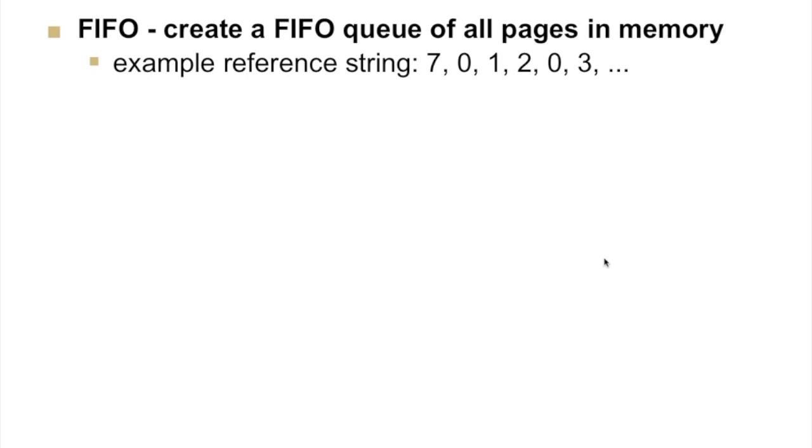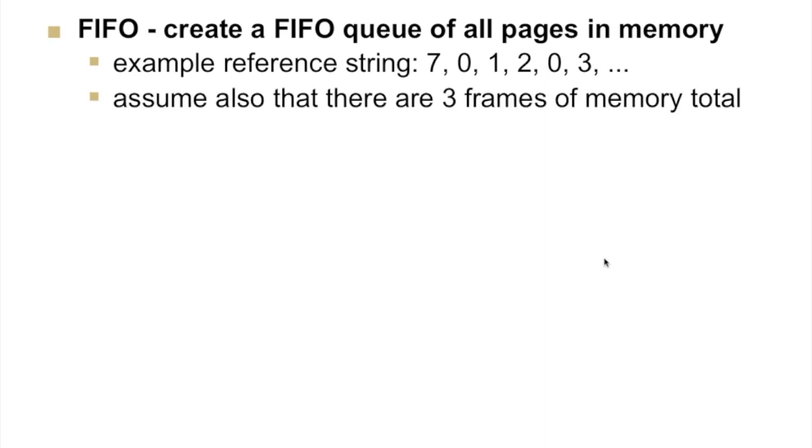So in this case, if we have a reference string, the sequence of page numbers that are going to be accessed, then we know that page 7 will be accessed first, then page 0, then page 1, 2, 0 again, 3, etc. We can assume for this example that there are 3 frames of memory.